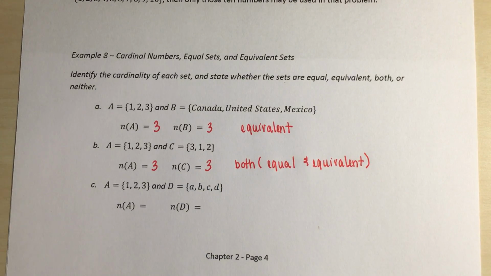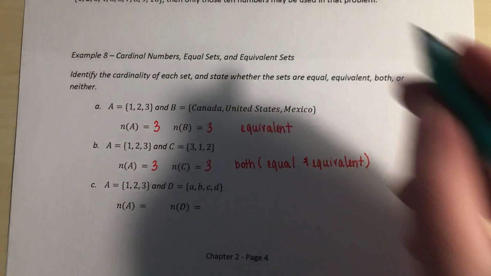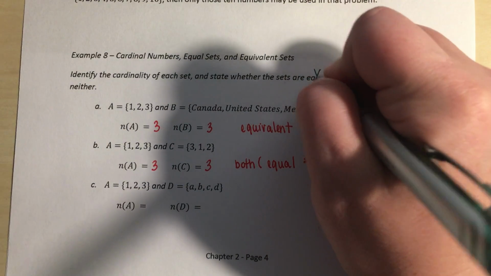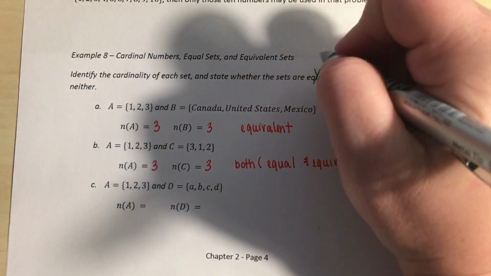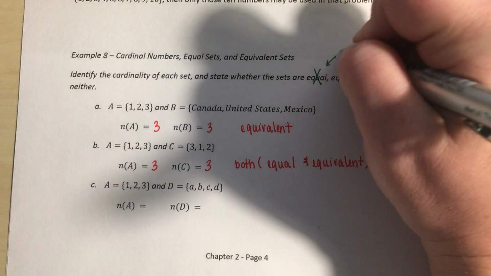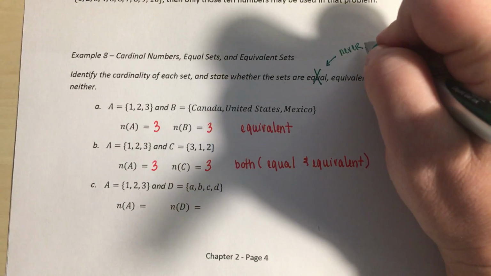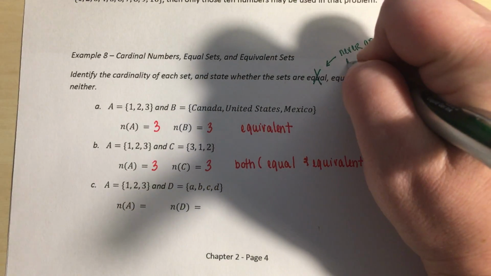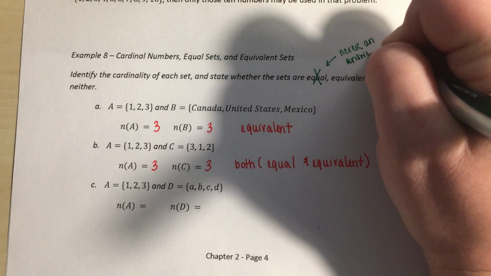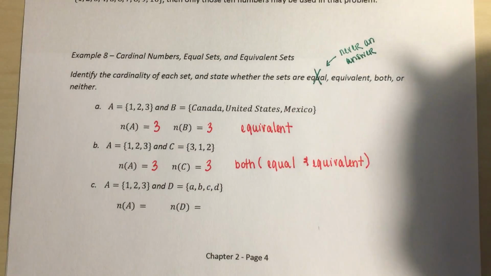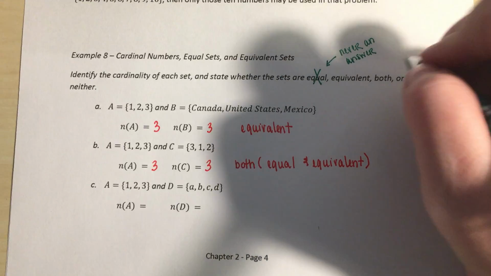So as we're thinking about this particular one, I'm actually going to go up to the problem and make a little note here that when we're doing these types of problems in our homework, equal all by itself should never be an answer. Because if our sets are equal, they're also going to be equivalent.